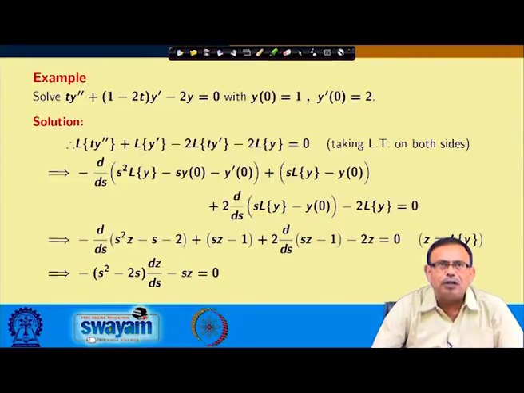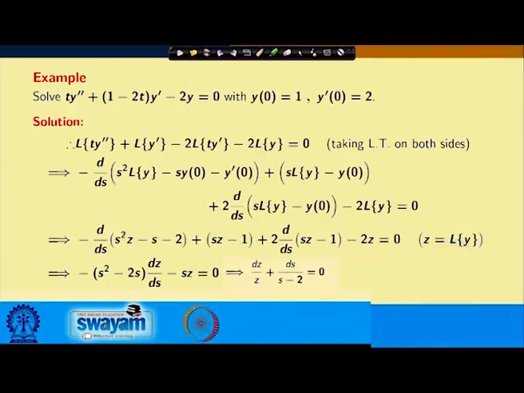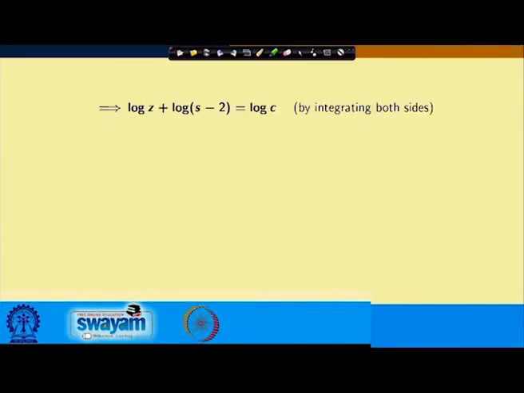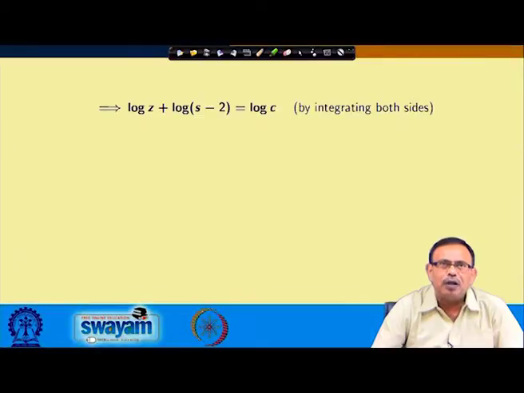I am converting the second order ODE into a first order ODE, and I am separating the variables in its solution. The solution process is this: log z equals log of s minus 2 plus c, and log z into s minus 2 equals log c.